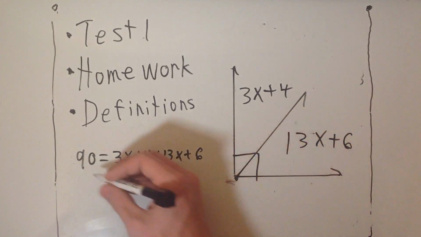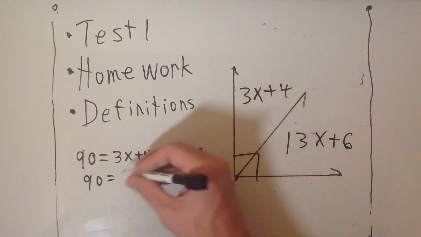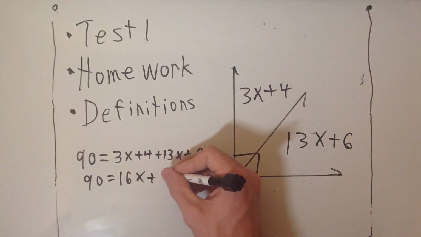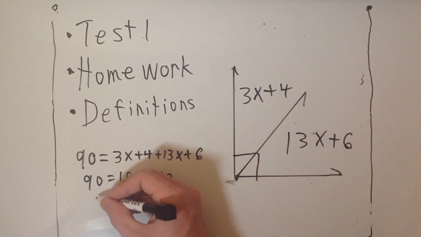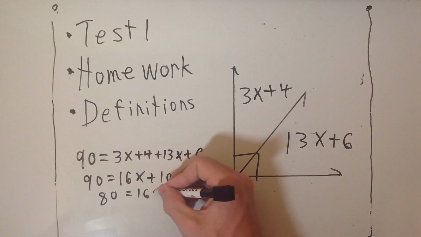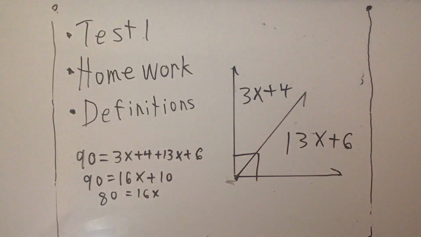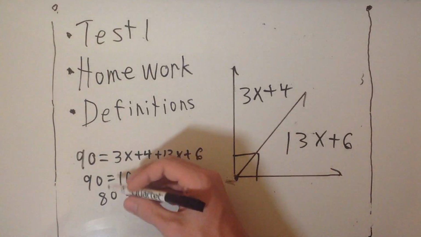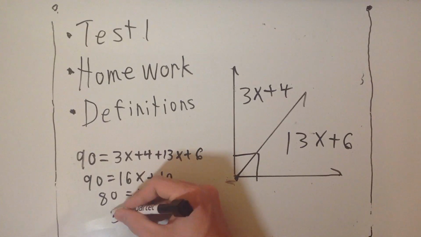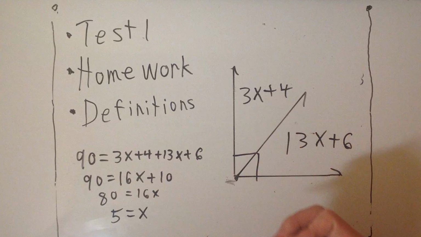Now we reduce this by putting our x's together and our non-x's together, and so we get 16x plus 10. Subtract 10 from both sides, we get 80 equals 16x. 80 divided by 16 is equal to 5, I believe. So we've got 5 equals x.